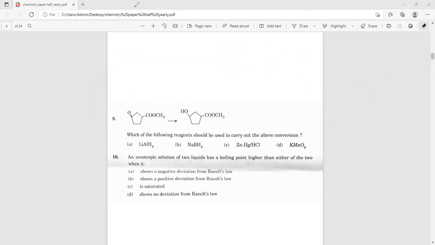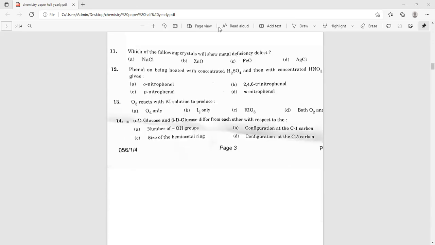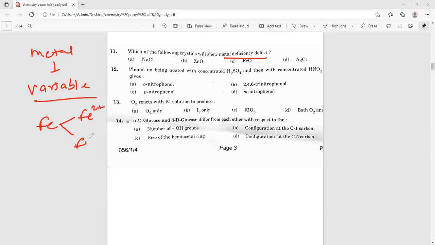Question number 11. Which of the following crystals will show metal deficiency defect? Right? Metal deficiency defect means the metal shows variable valency. Here, we know that iron shows variable valency, 2 plus and 3 plus.